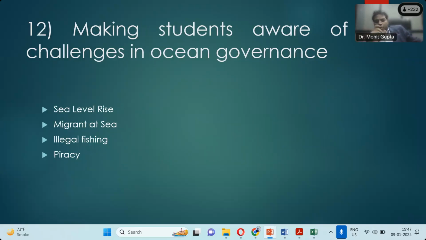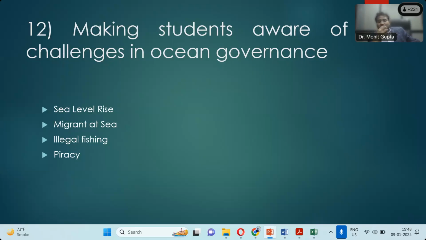Also, we should convey to the students some of the challenges being faced by ocean governance, particularly an issue like sea level rise. When we talk about sea level rise, the International Law Commission is working on it, which means that this issue is really significant. We should convey to the students that this issue is serious.